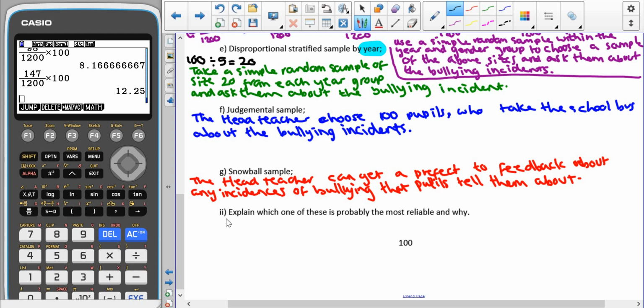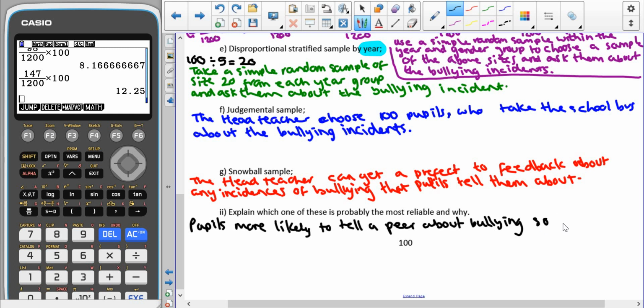The reason for that being is that pupils are more likely to tell a peer about bullying. So the snowball sample will be more reliable.